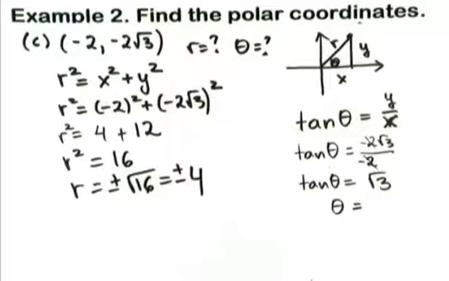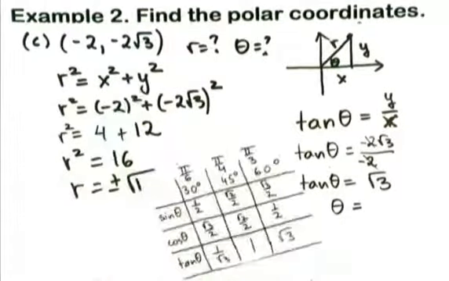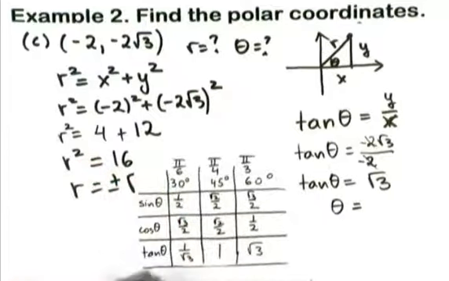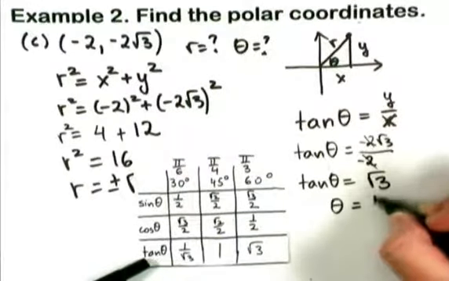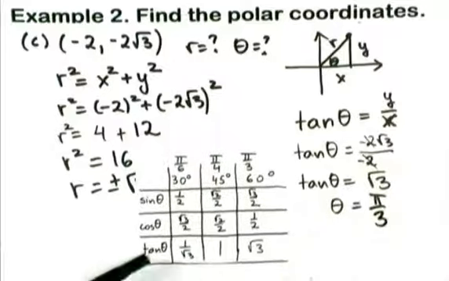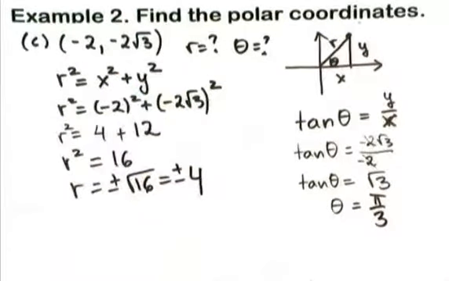But we need to be careful what quadrant we are in. From the chart, we are getting the reference angle. Tangent theta is equal to √3 for pi over 3, or 60 degrees. But now we need to plot and see in what quadrant, because this is just the reference angle.